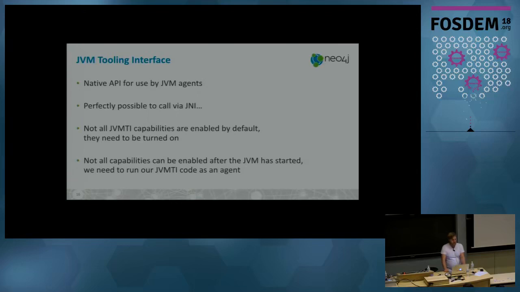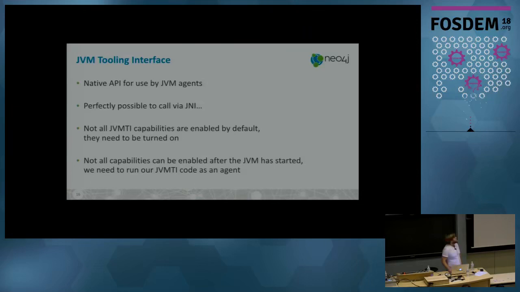And at that point, they will most likely disable a few of the optimizations that a JVM performs. But if you want to play with them, you need to have an agent to enable those capabilities. I don't actually remember which capabilities those are, because I wrote this code a couple of years ago.